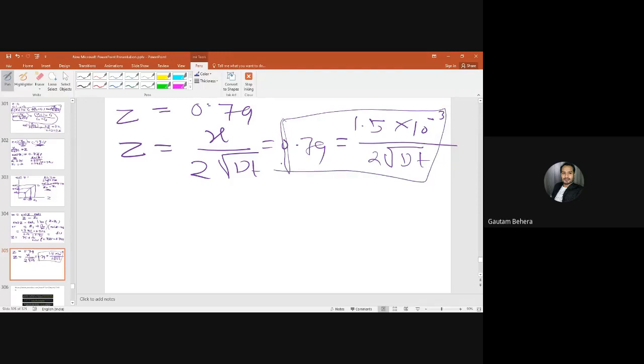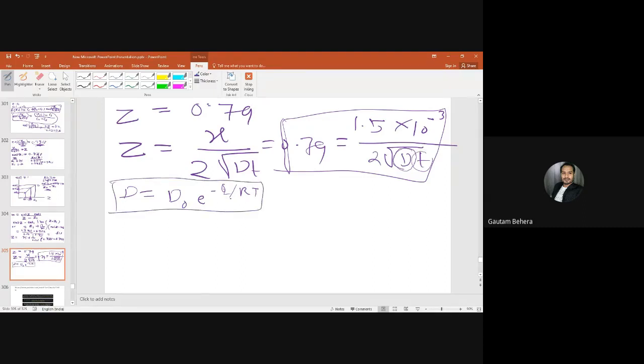Fine. Final aim is to find out the t. And D is not given actually, we have to find out the expression. D is equal to D naught exponential function of minus Q by RT from the diffusion equation.